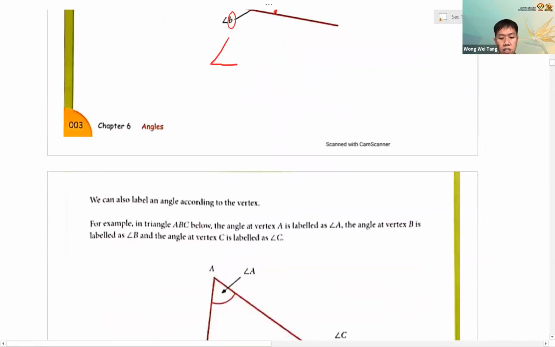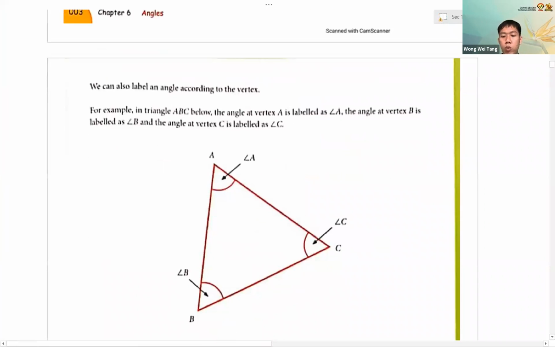Makes our life easier. Another way of naming the angle is by the different vertices. So vertices again is the plural for vertex. Vertex is just where two lines meet, that's all.